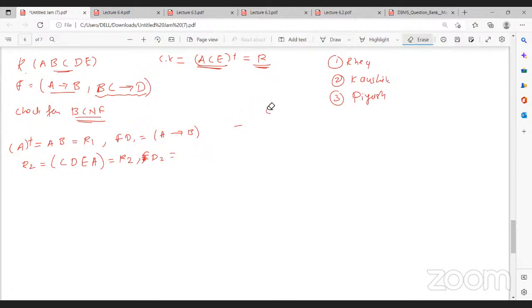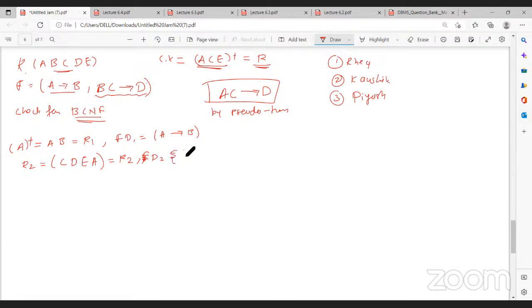Now what I am saying here is, by the pseudo transitivity rule, since A determines B and BC determines D, can I write AC determines D by the pseudo transitivity rule? So this functional dependency is applicable to this R2, right?